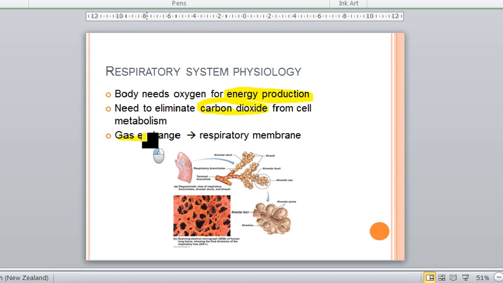So that's gas exchange, and that's occurring at what we call the respiratory membrane. That's the interface between the alveoli and the bloodstream, and you have the passage of carbon dioxide from the bloodstream to the alveoli and oxygen from the alveoli back to the bloodstream.